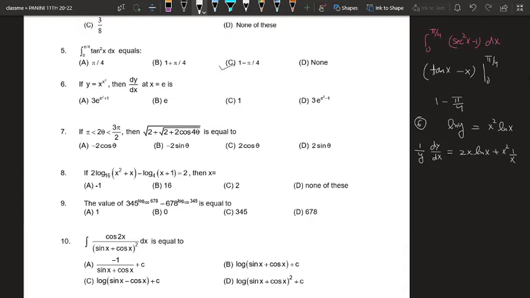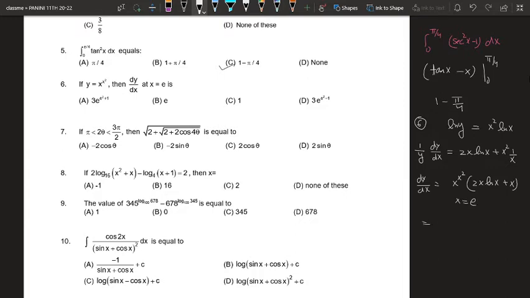So dy by dx is equal to y times (2x ln x plus x), where y is x raised to power x square. Now we need to find the value of dy by dx at x is equal to e.